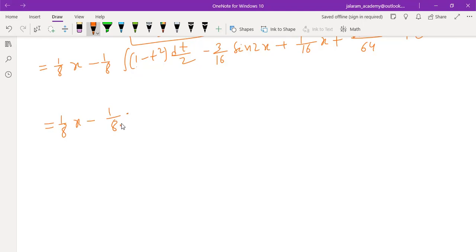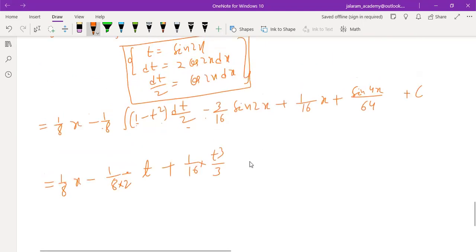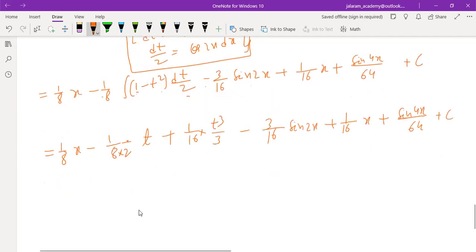integration of 1 by 8 into this 2 also. Integration of 1 will be t minus, minus plus 1 by 16 into integration of t square is t cube by 3, minus 3 by 16 into sin 2x plus 1 by 16x plus sin 4x upon 64 plus c.